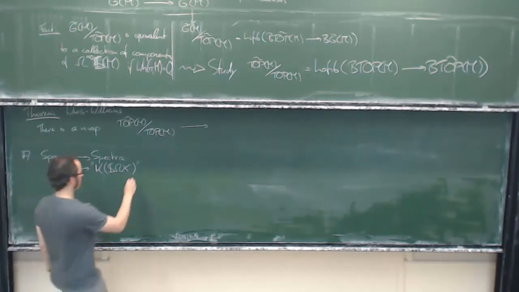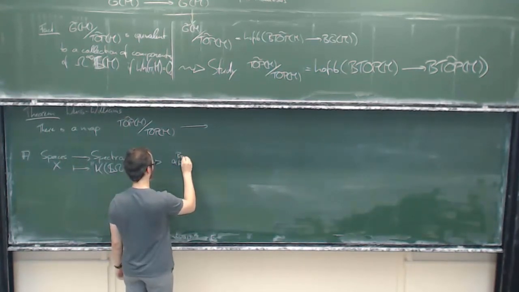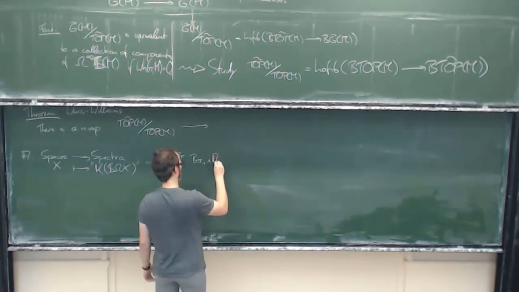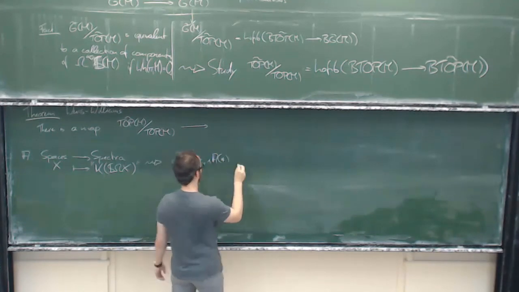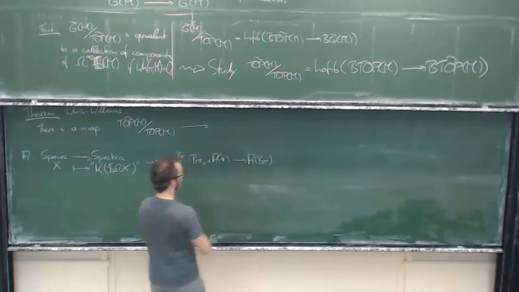And now associated to this functor, we have an A-theoretic assembly map which goes from B pi plus smash A of a point to A of B pi.